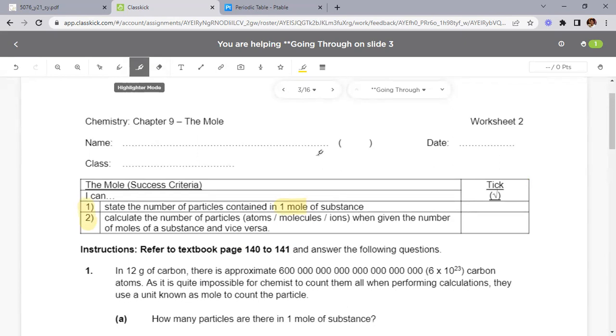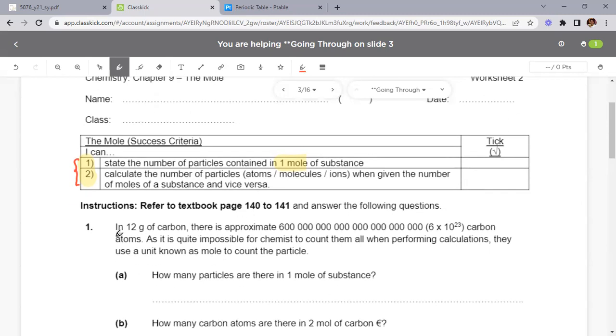Second, we're going to learn how to calculate the number of particles when given the number of moles. Now, I just want to highlight for these 2 that the numbers can be very daunting. The numbers can look very scary, but think of it like a unit, like 1 dozen is equal to 12. 1 mole actually means a certain number. So let's go on and start.